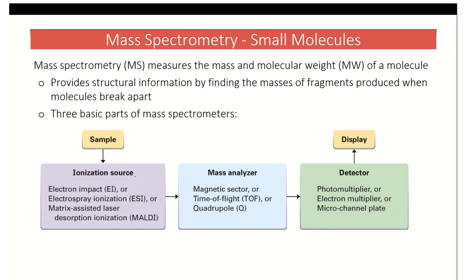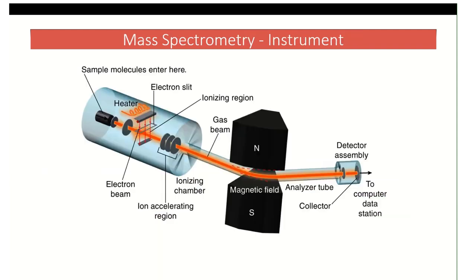So we have an ionization source, and then of course we ionize our molecule, place it in the analyzer, and then of course we can detect it later on down the road.